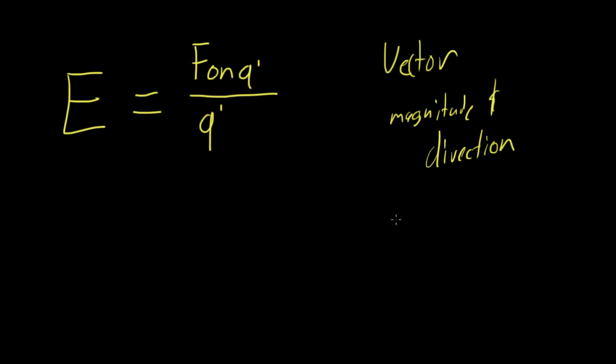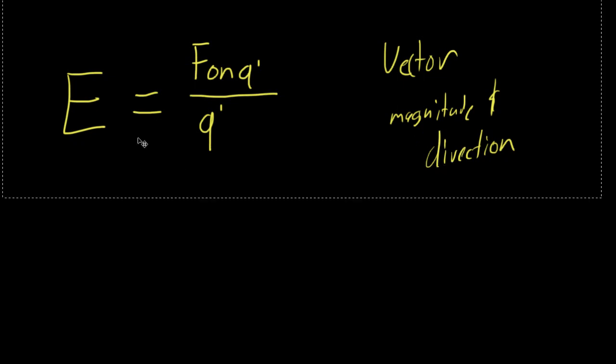So let's do a real quick example. This is the one from your book on page 427. This is really simple. It says a positive test charge of 4.0 times 10 to the negative fifth coulombs, that's Q prime, our test charge, is placed in an electric field.